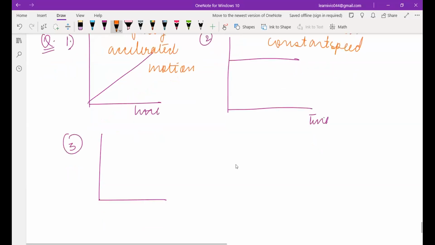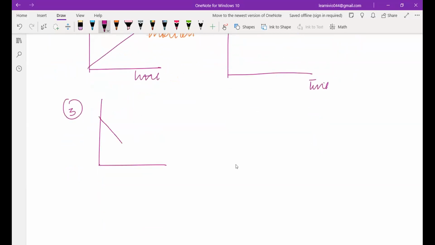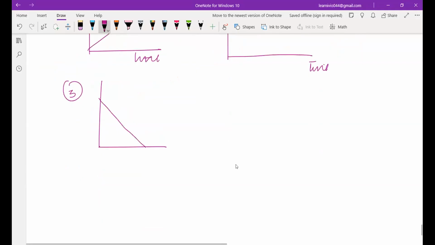Then for the third one, like this. So the third one is speed, time, a motion like this. So this is what kind of motion?